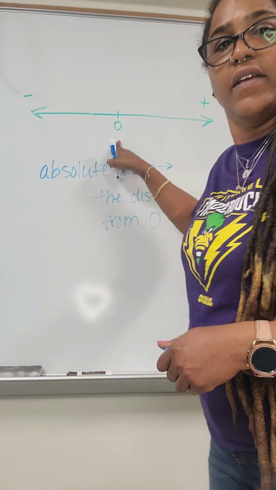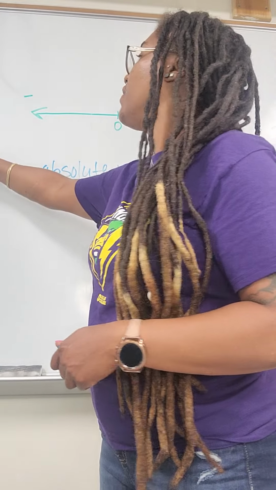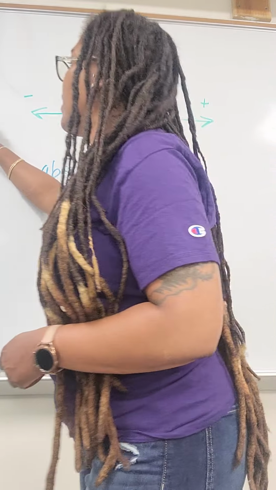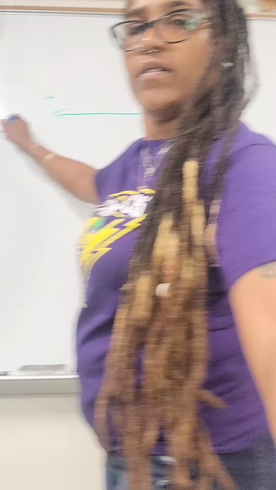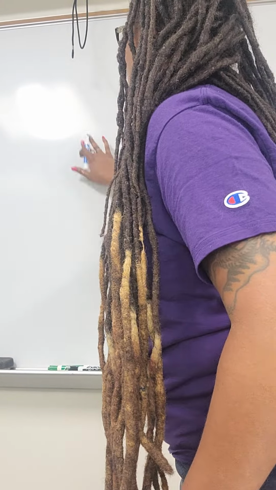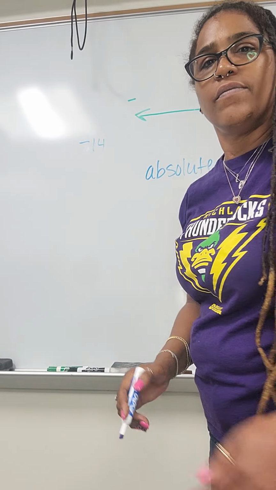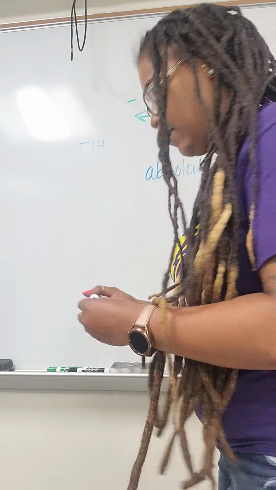From this 0 right here. So let's just say we're going further down our negative on the number line, and we're way out here, and this value that we've selected is negative 14. Well, can you still see that? I can't see that 14.